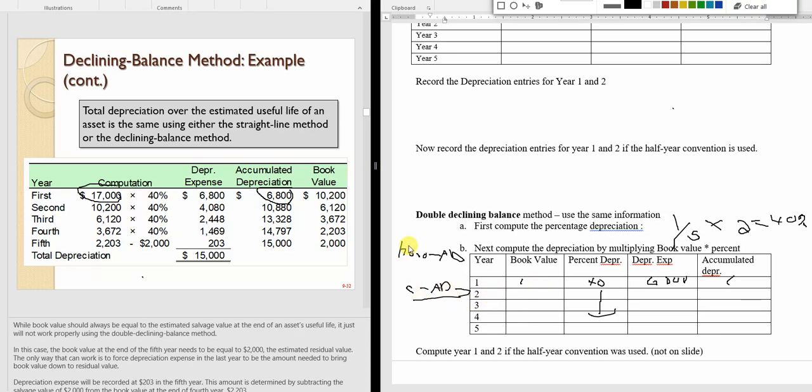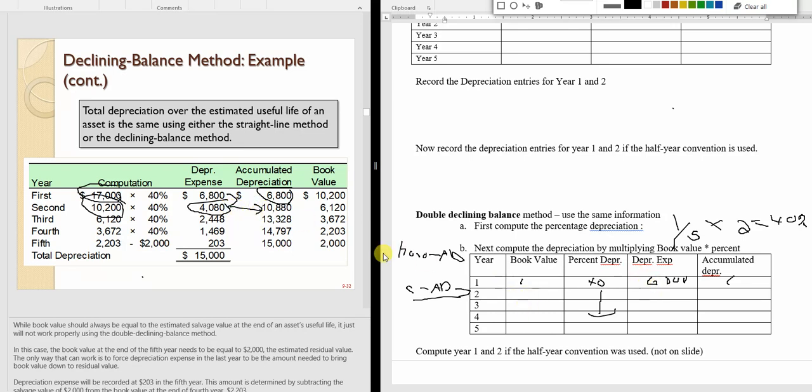My cost is still $17,000, and my accumulated depreciation is $6,800. So $17,000 minus $6,800 is $10,200. Take $10,200 times 40%, and I get my depreciation expense of $4,080. My accumulated depreciation is $6,800 plus $4,080, so it's $10,880.